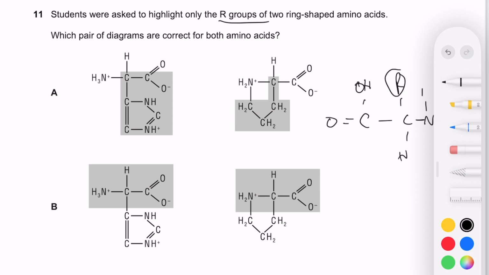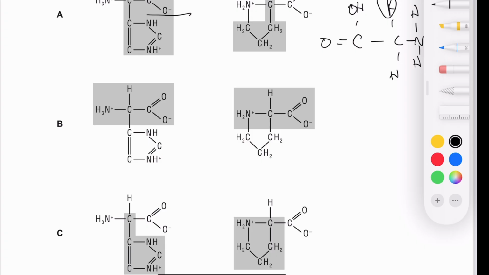Which pair of diagrams are correct for both amino acids? We're looking at something attached to the alpha carbon, the central one. So this is not exactly correct. Here we have the R group. He circled the carbon of the carboxyl group. That's not right. This is also wrong, and this is also wrong, and this is right.